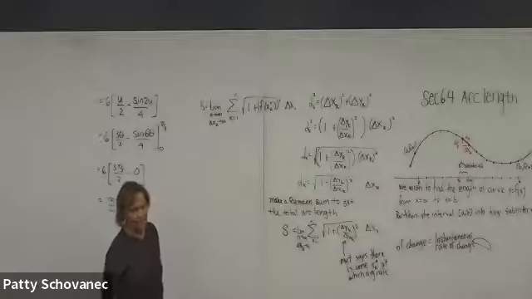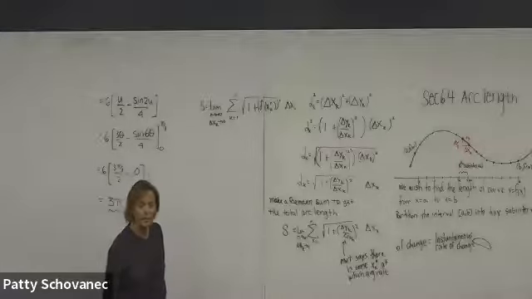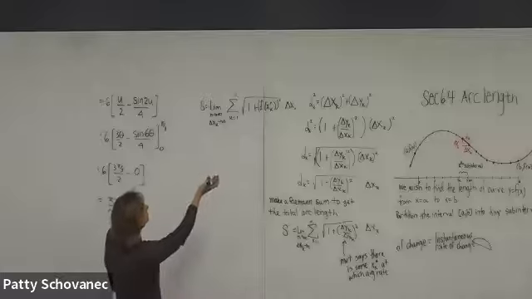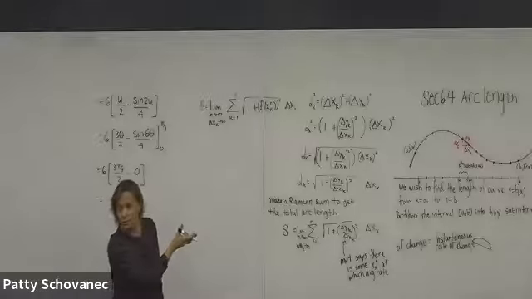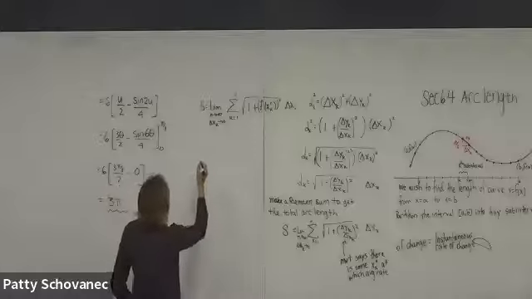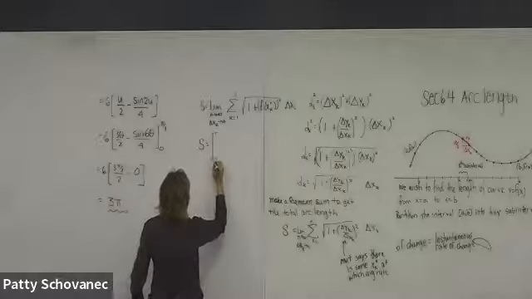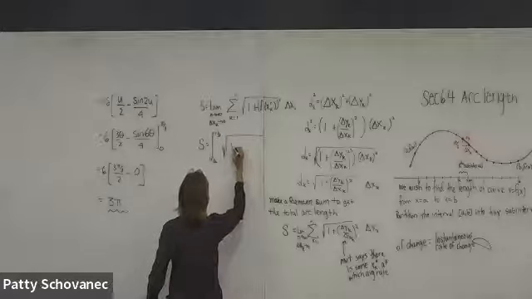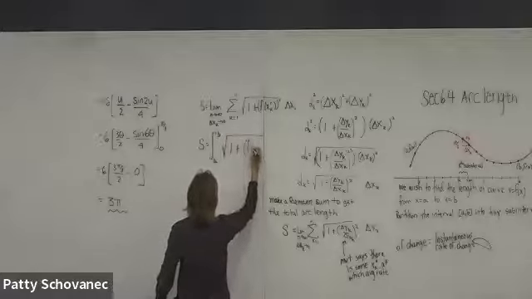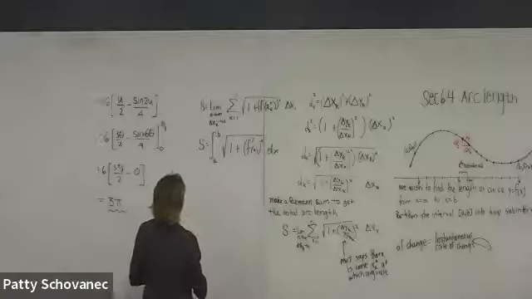And you've seen time and time again how these Riemann sums give you the definite integral. But the definite integral is going to have an integrand that looks like a square root of 1 plus the function squared integrated with respect to x. So from x equals a to x equals b, square root of 1 plus f prime at x squared dx.